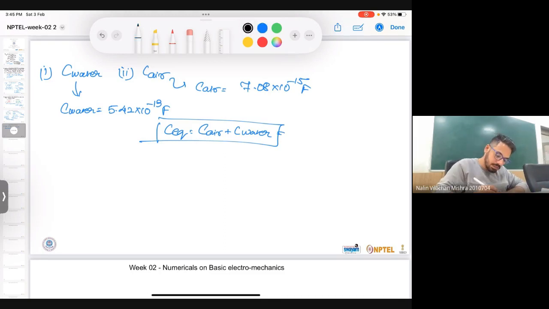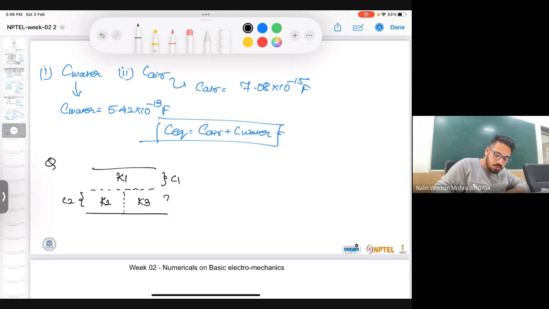So there can be some questions like this. You have the dielectric arrangement like this: K1, K2, K3, and these will be C1, C2, C3. So what you need to do?